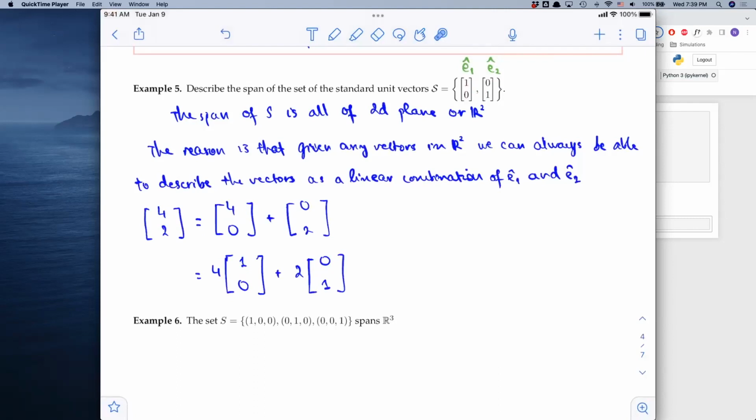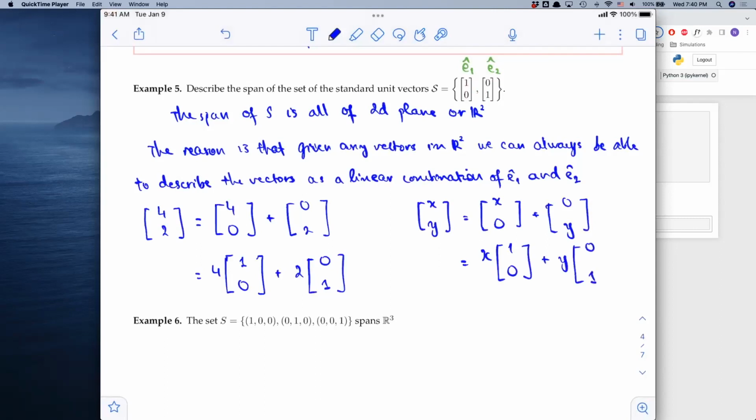Now, a more general case is that you have a vector of the form x, comma y, or rather, in column vector form. You can write this as x, 0 plus 0, y, or this is x times 1, 0 plus y times 0, 1.